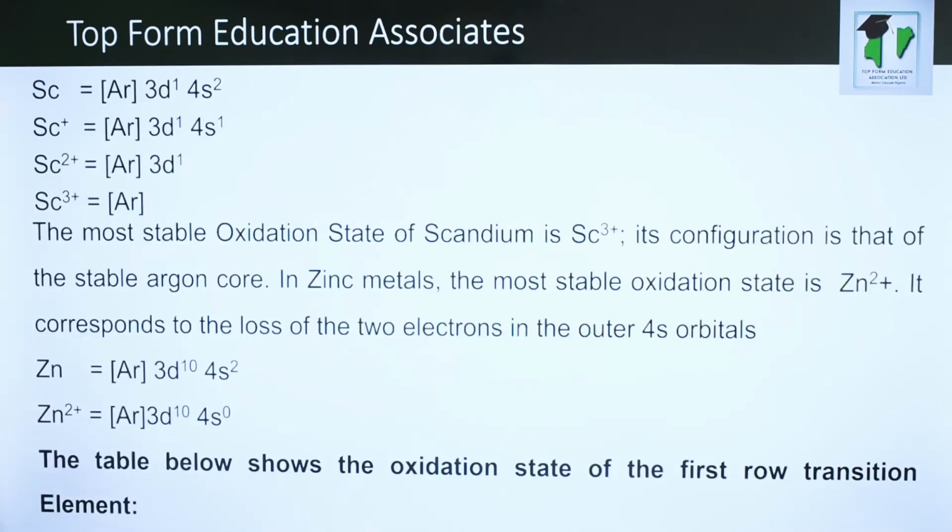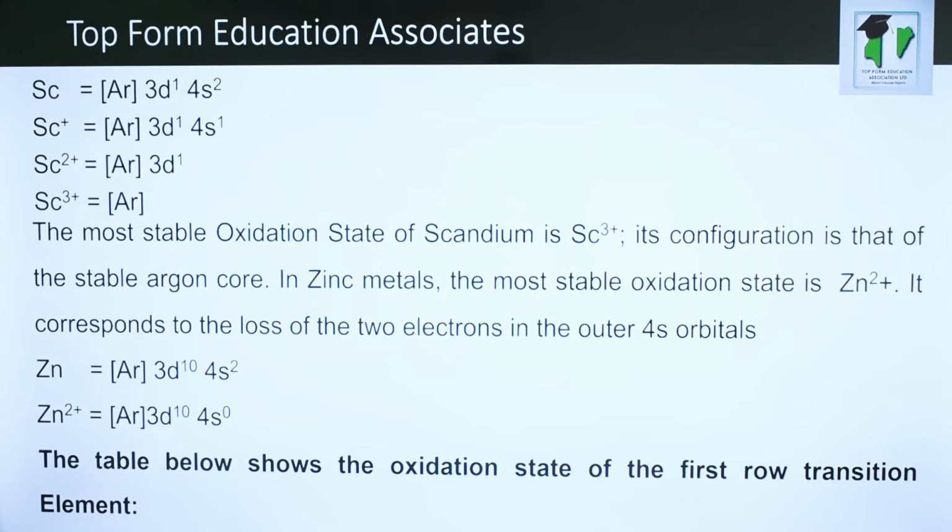Now you can see we have scandium here, and its configuration is [Ar] 3d1 4s2. We have Sc+. That means when scandium has lost one electron, it will have a positive charge. Remember that metals donate electrons.